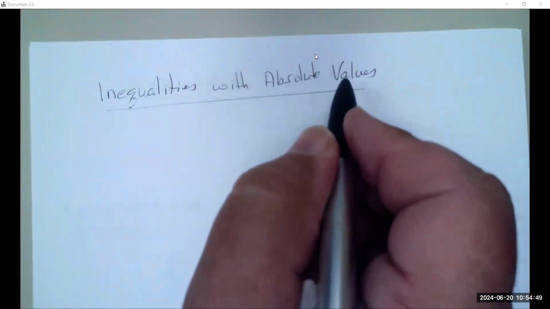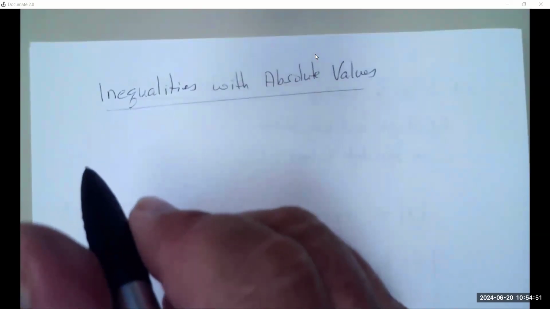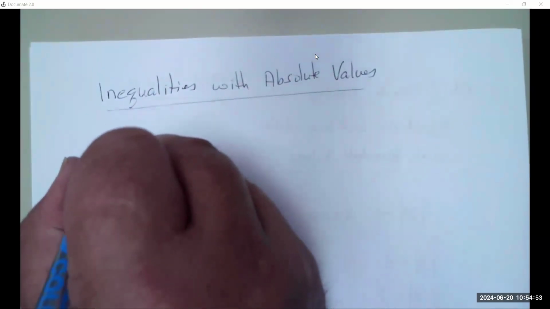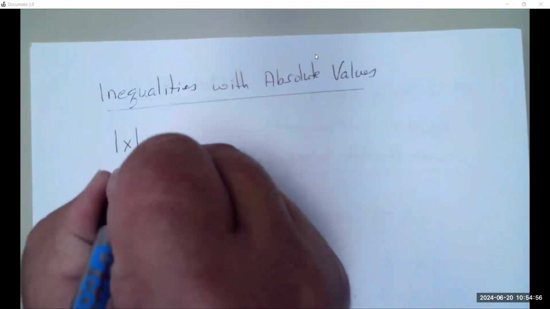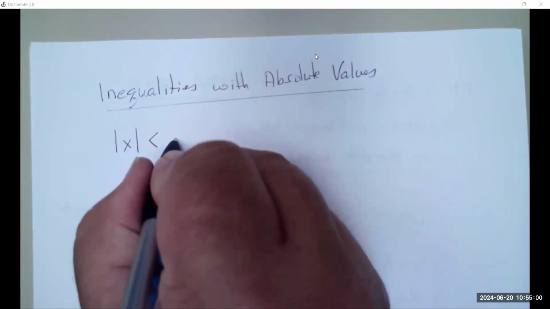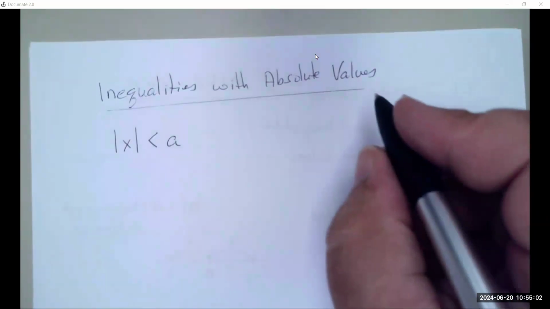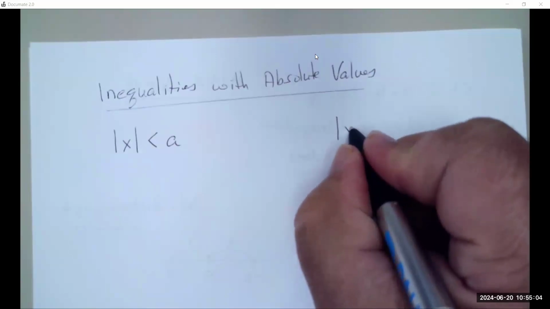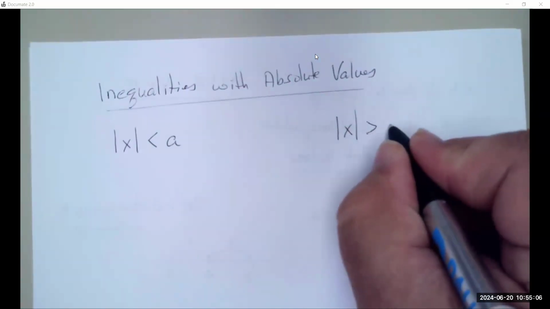Remember what I said: absolute values are distances from 0. So we can say that the absolute value of x is less than some number, or the absolute value of x is greater than some number.